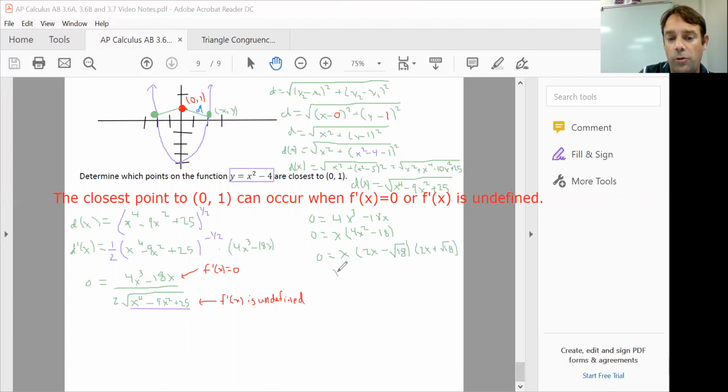So that means I have critical numbers at 0, one at root 18 over 2, and one at negative root 18 over 2.